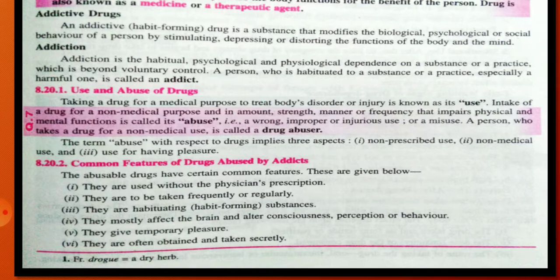What are the common features of the drugs that are mainly abused by addiction? Abused drugs have certain common features. They are used without a physician's prescription. In most cases, someone purchases medicines from a medicine store without a prescription from any physician.